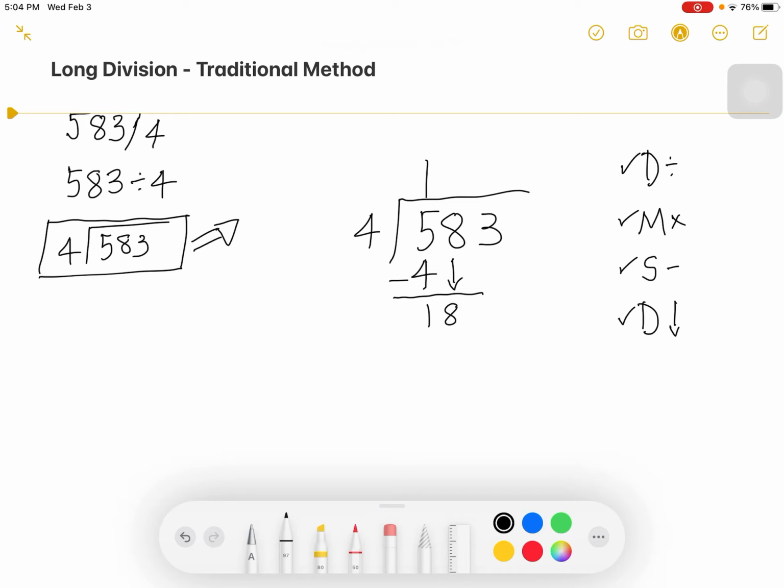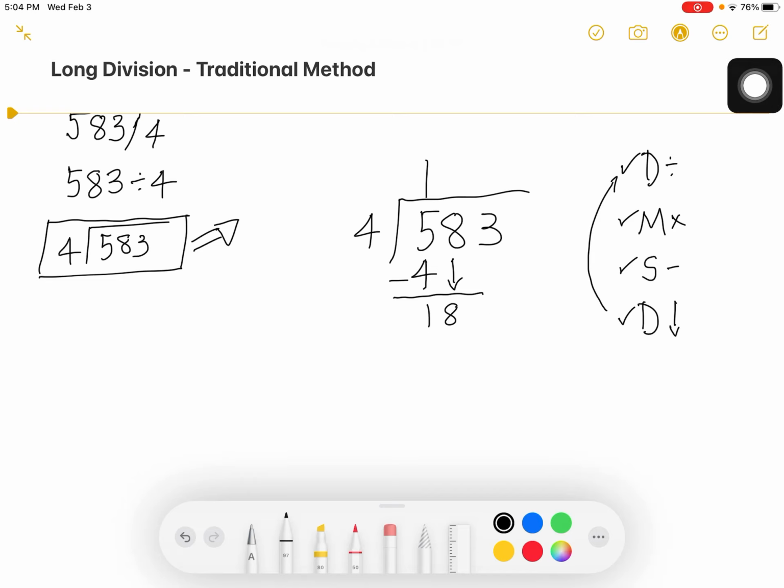At this point, you are finished with the first cycle, and because we dropped a number, we will be going through this cycle again. Please note that as we come down the problem, we look at the bottom number each time we do our divide. Some people will try to do the division across, but actually we look and say 4, how many times can 4 divide into 18?